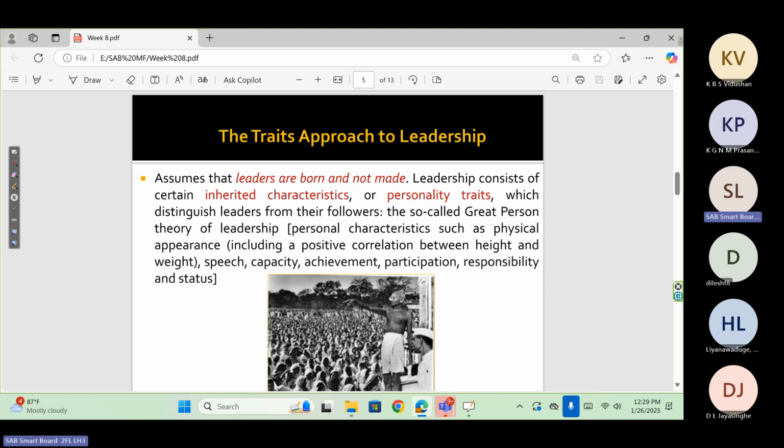leader in the world. Likewise, there are leaders such as Nelson Mandela and Abraham Lincoln. Even in Sri Lanka we had a lot of heroic leaders, not now, but in those days, especially great kings.